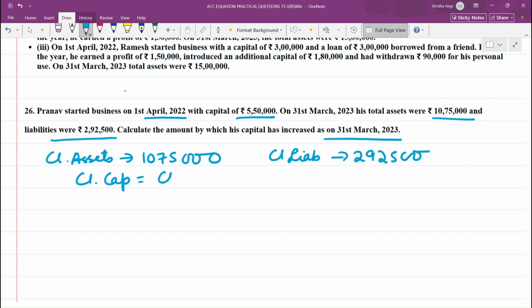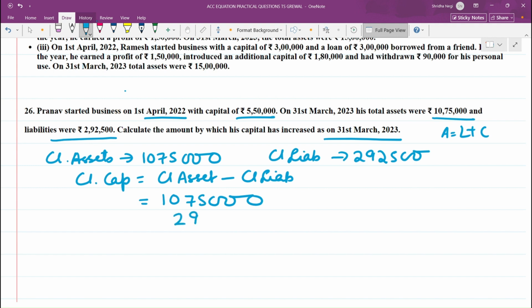So what will your closing capital be? Closing capital will be closing asset minus closing liability, because asset is equal to liability plus capital. What is the equation? L plus C. So C will be A minus L. The closing asset is 10,75,000 and 2,92,500 is the closing liability, which you will subtract.